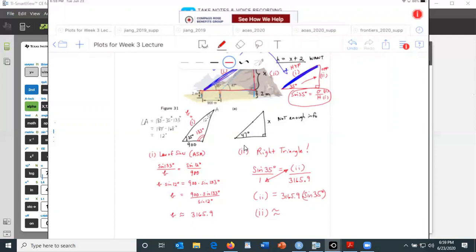All right, and that will give you 1815.9 meters. And that part was in meters also.